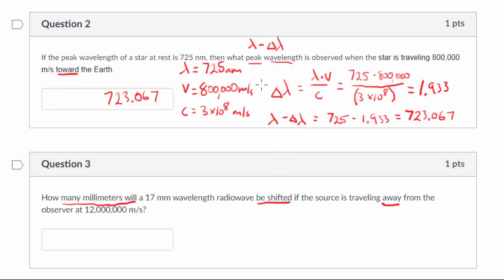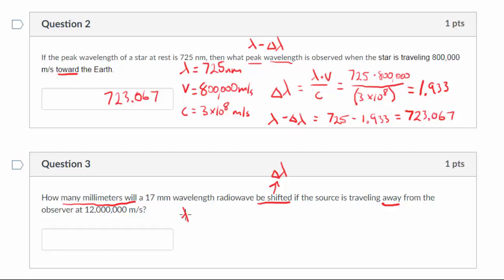That's not asking for the new wavelength. It's asking for the change in wavelength. So this question is a little different because we don't have to add this to the original wavelength. It's just asking how much it is shifted. That's the change in lambda. So I'm going to use the same equation, but I don't have to do the last step.